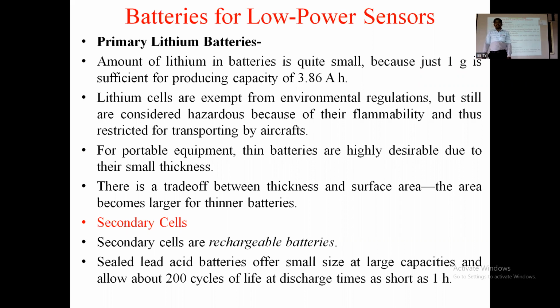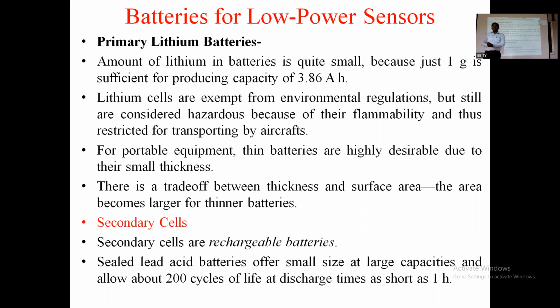This type of battery is restricted for transport in aircraft because lithium is a flammable material. For portable equipment, thin batteries are highly desirable due to their small thickness.